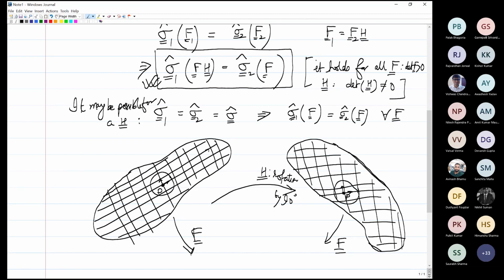Locally the body has the same microstructure, same neighborhood, and if you have an energy function or a response function which just depends on the local value of the deformation gradient, not on what the deformation gradient is in the entire body, if that is our model, then don't you think that since the material is locally the same, whatever deformation you apply to the two bodies, I mean, if you apply the same deformation to the two bodies locally, which means you're applying the same big F, then the outcome should be the same, isn't it?